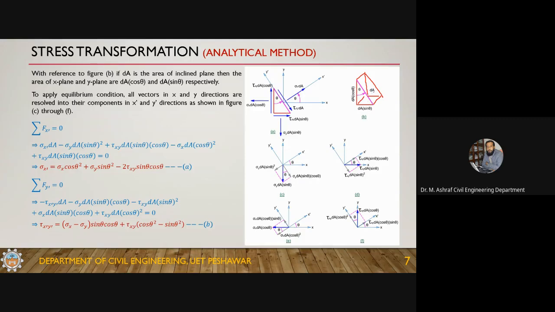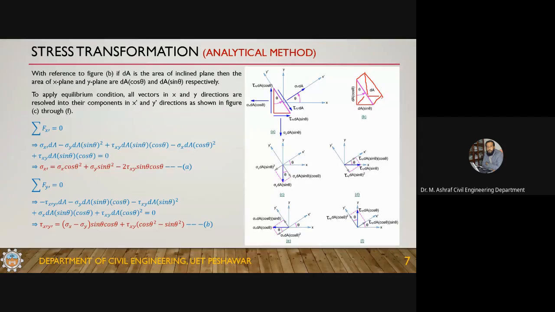If we assume that this inclined face is dA, then from trigonometry, this bottom area will be equal to dA sine theta, and this vertical area will be equal to dA cos theta.